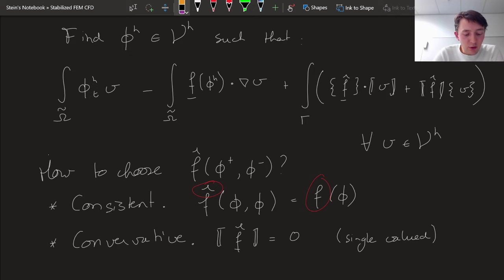Okay. Then the conservativity. Well, this one might be slightly less obvious. This is saying that the numerical flux evaluated on either side of our boundary is single valued.